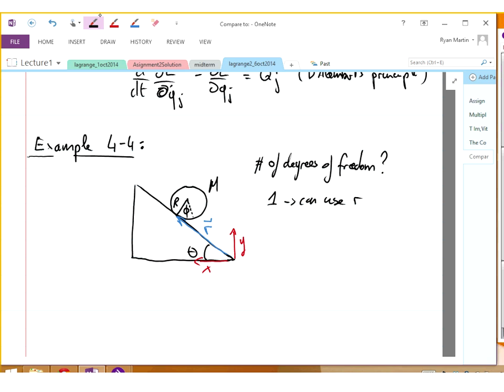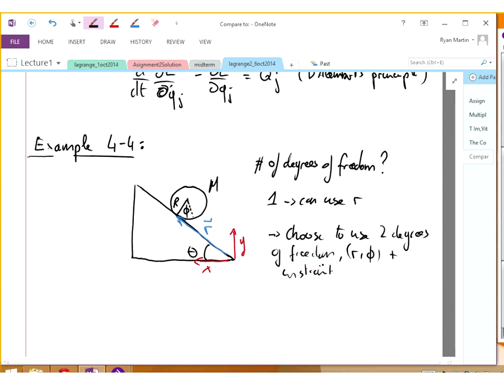So instead of using the 1 degree of freedom, let's actually use 2 degrees of freedom, r and phi, plus a constraint.